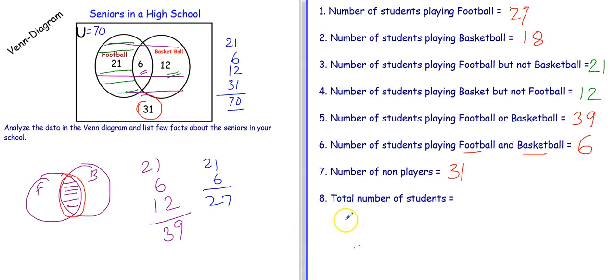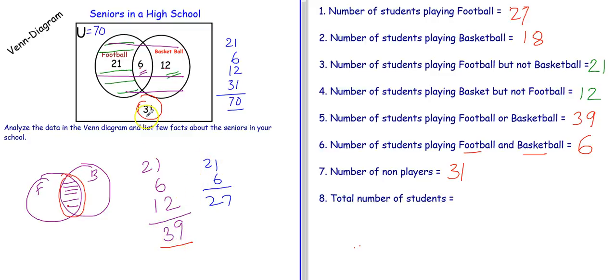And now finally, what is the total number of students in that school? The total number of seniors, in fact. To find the total number of students, I have to add all the numbers that I have with me. Altogether, you know that the sum of these three is 39 here. 39 are the players. They play either football or the basketball.